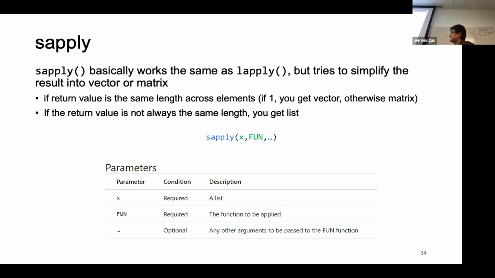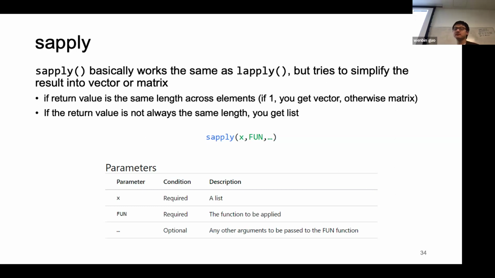So sapply does a very similar thing to lapply, but it will try to simplify the results into a vector or matrix. Specifically, if the return value for each of the elements in the list has the same length, then it tries to output either in vector form or matrix form.